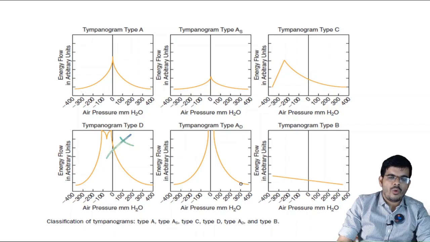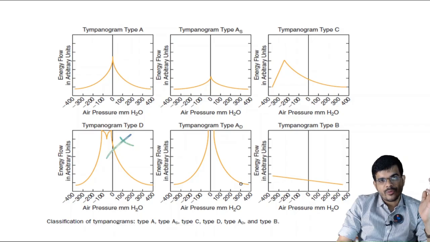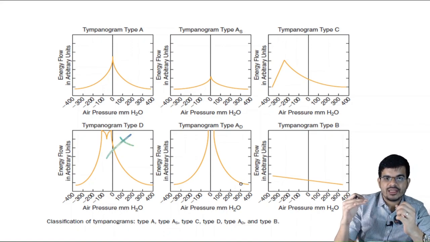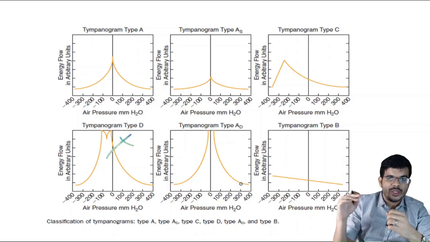Now there are other things that are assessed along with tympanometry. What are they? I told you the stapedial reflex has to be assessed. Yes, that is very important. Apart from that, you can also look at the external canal volume. If the external canal volume is increased and you are getting a curve similar to the B curve with no seal obtained, that is indicative of a perforation.